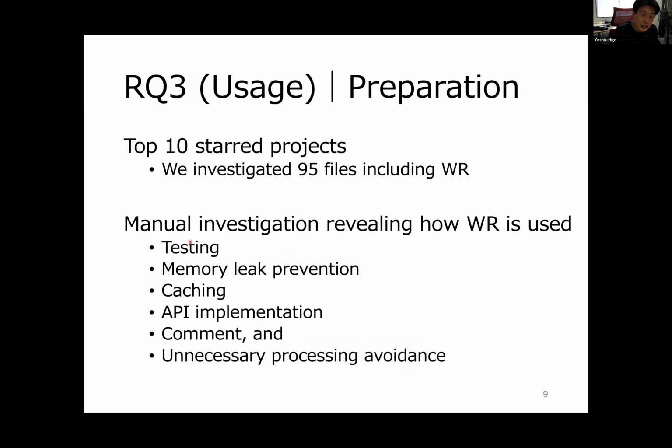Okay, next I talk about the usage. In this investigation, we used the top 10 starred projects in the dataset. More concretely, we investigated 95 files including weak reference. And we conducted manual investigation to reveal how weak reference is used.